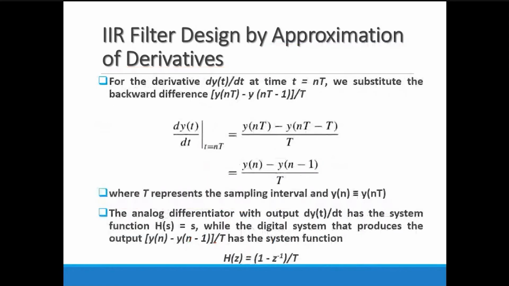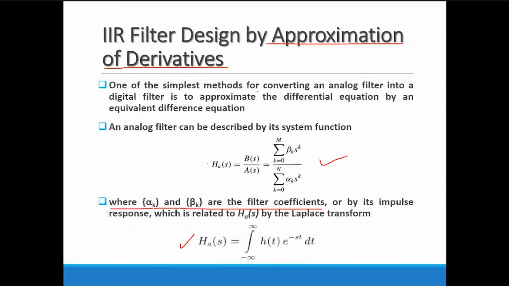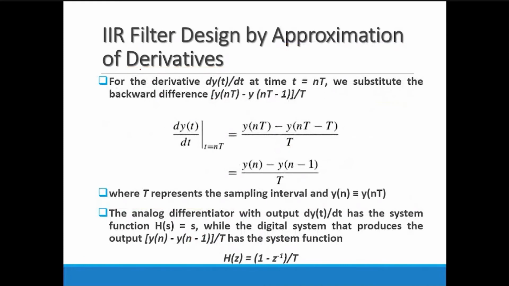So for the derivative, as per the first title, we approximate the differential equation by an equivalent difference equation. For the derivative dy by dt at time t equal to nT, we substitute the backward difference: y(nT) minus y(nT minus T), divided by T. This is the difference equation for dy(t) by dt, where t is equal to nT.